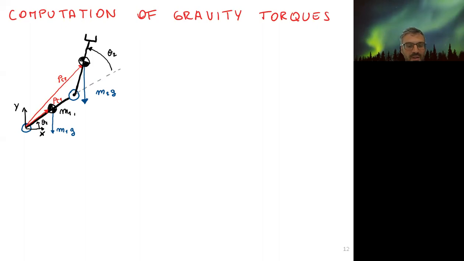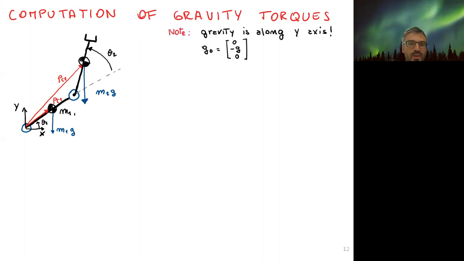Then, regarding gravity torques, this time we have the gravity along the y-axis. You remember that because we use the G0 vector, we can attach the robot in whatever place. This time I located the zero frame with the gravity vector along the y-axis direction.